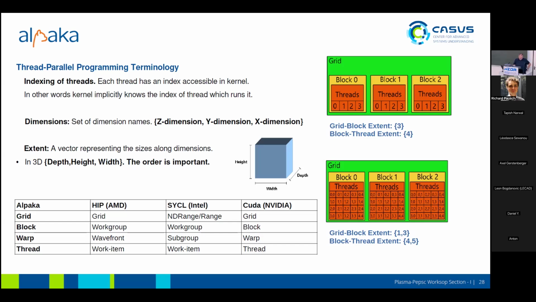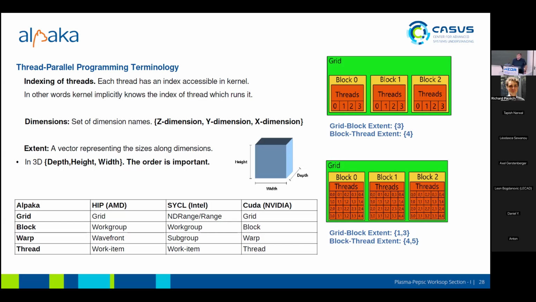And for indexing of threads, you can see that from the first grid on the right-hand side. The grid block extent. Extent means the size actually. The grid block extent in the first image on the right is 3 because there are 3 blocks, and the block thread extent is a single-item vector or array, and the item is 4.